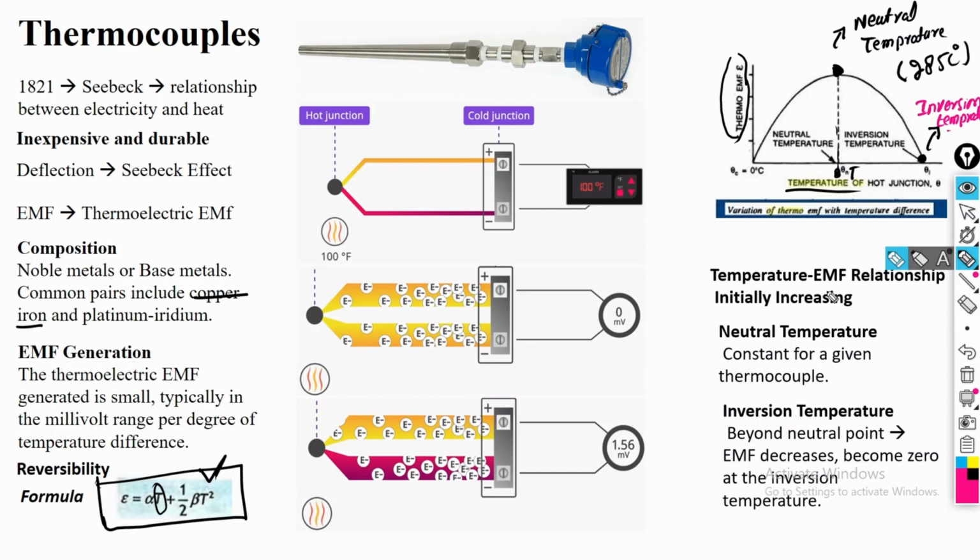Here I have written that in the temperature-electromotive force relationship, it initially increases. By increasing the temperature, the thermoelectric EMF increases, and it reaches the neutral temperature. This neutral temperature is constant for a given thermocouple. As I have written, for the copper and iron pair it is about 285 degrees centigrade.